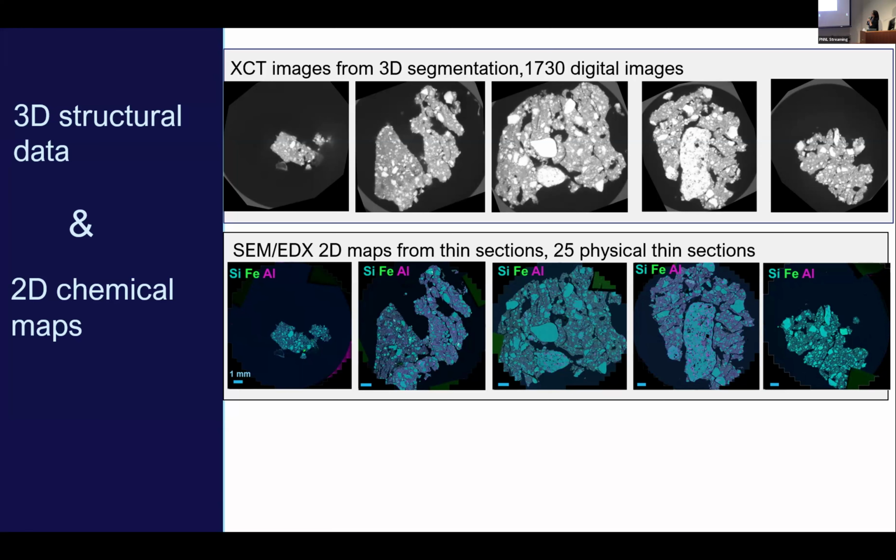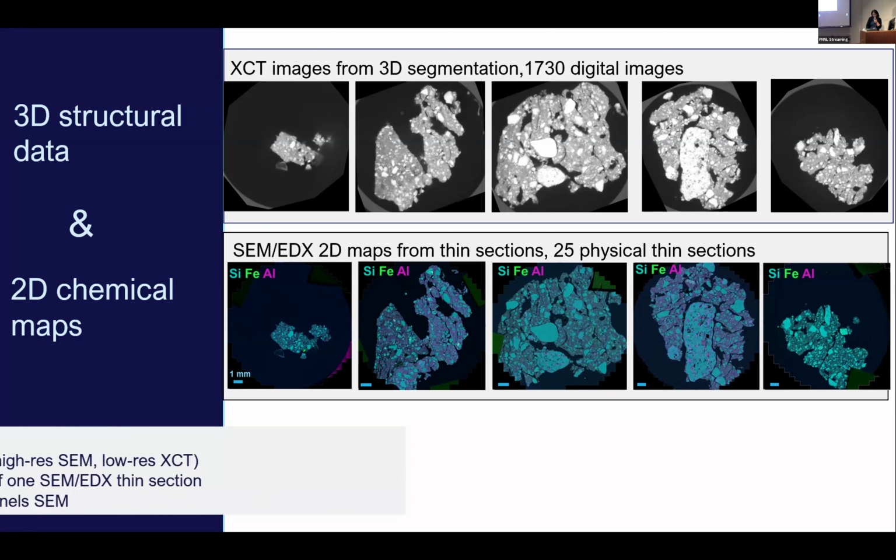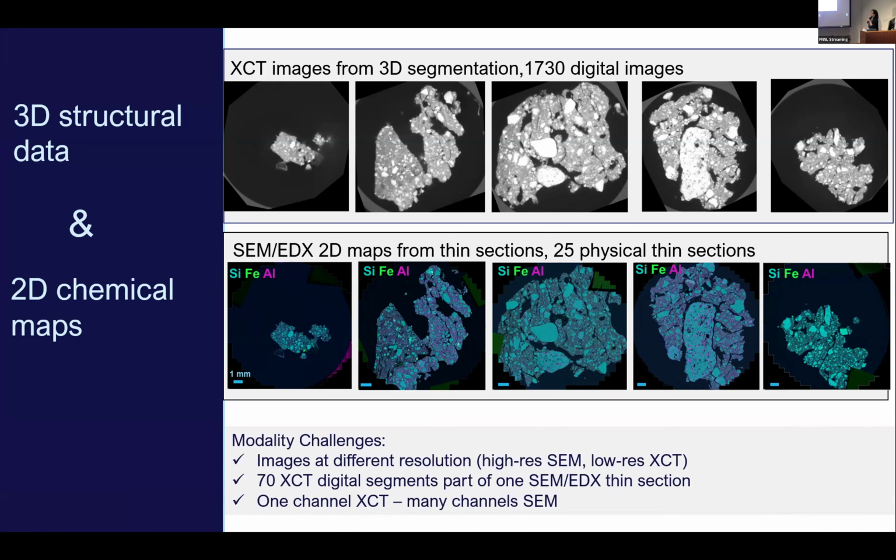This is, again, EDX images. They look great. They look like perfect matches with the naked eye. But everybody that does machine learning tells us that there are huge challenges when we try to integrate those 2 different images. The first is different resolution.